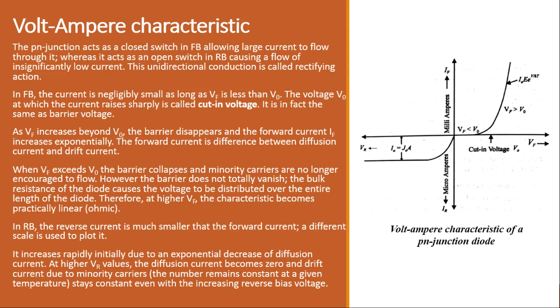But as the number of minority charge carriers is constant at a given temperature and does not change with the bias voltage, the reverse current also stays constant. So, the reverse current becomes saturated or constant at higher VR values.